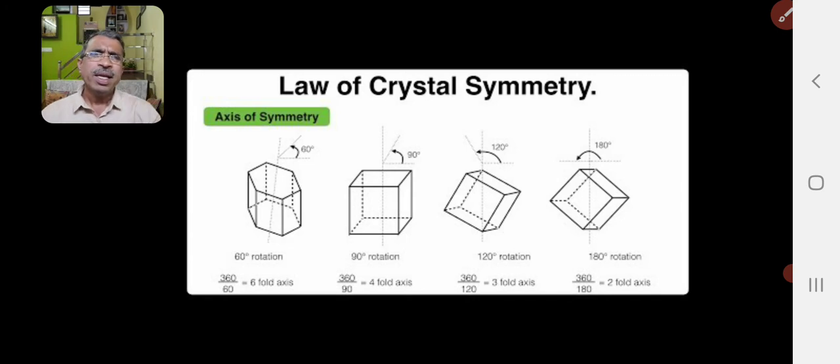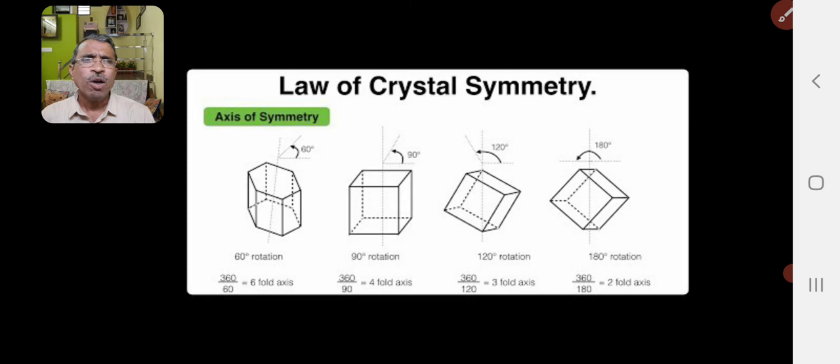Now, this is what I wanted to say. For the 4-fold axis of symmetry, you take a cube. In this cube, the axis is passing through the faces. When it is passing through the faces, the revolution is 360 degrees. It's fourfold, so each fold becomes 90 degrees. That's why we say 360 divided by 90 gives fourfold.